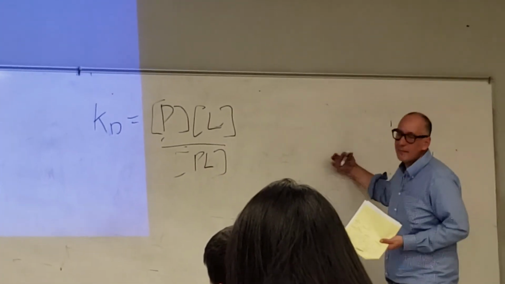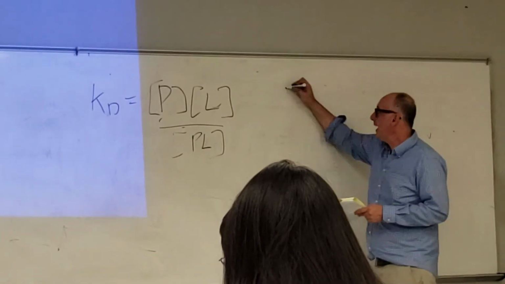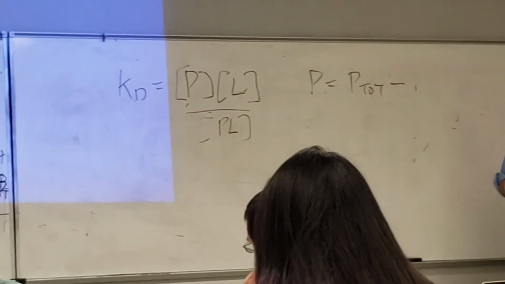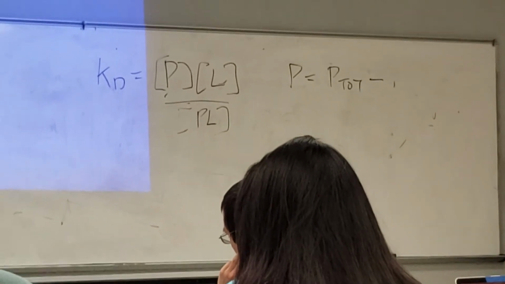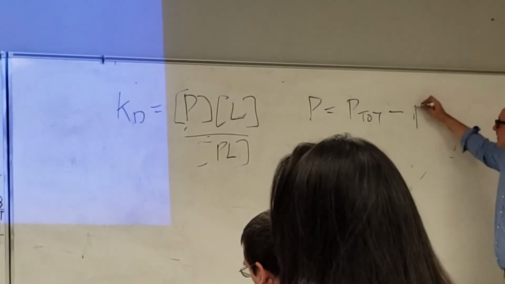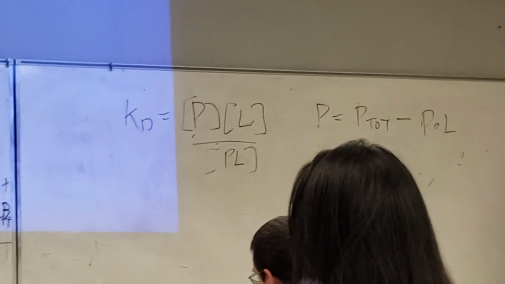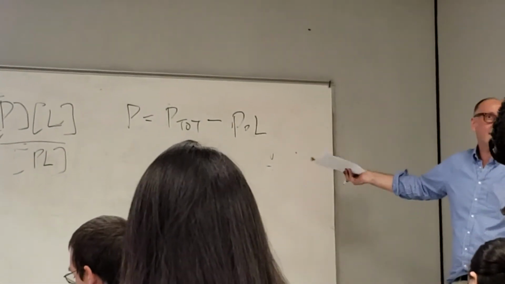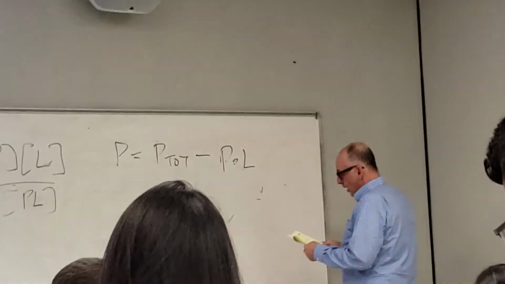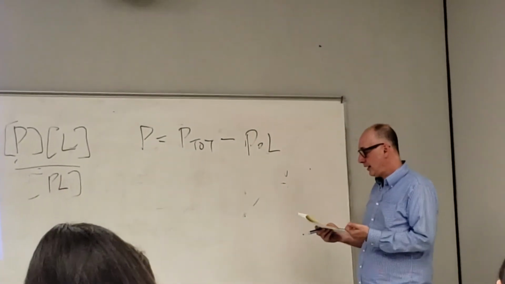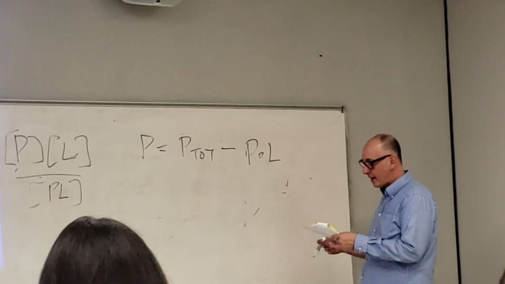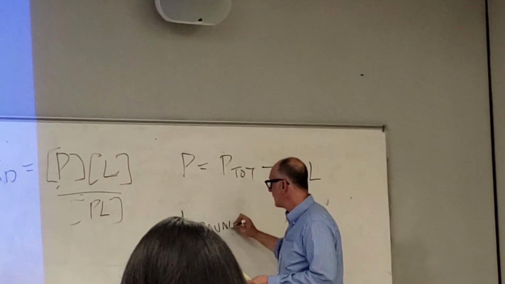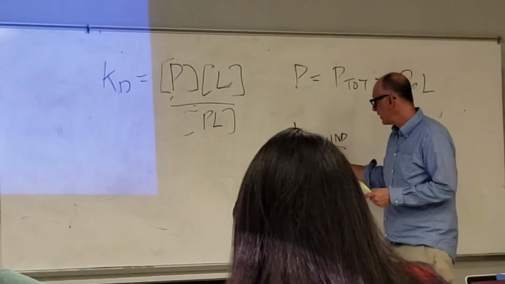What I'm basically doing is a very similar permutation, saying my free protein is simply equal to my total protein minus the stuff that's bound up. Free is equal to total minus bound. I'm going to rearrange and do various other things, but I'm going to end up arriving at an equation like this.